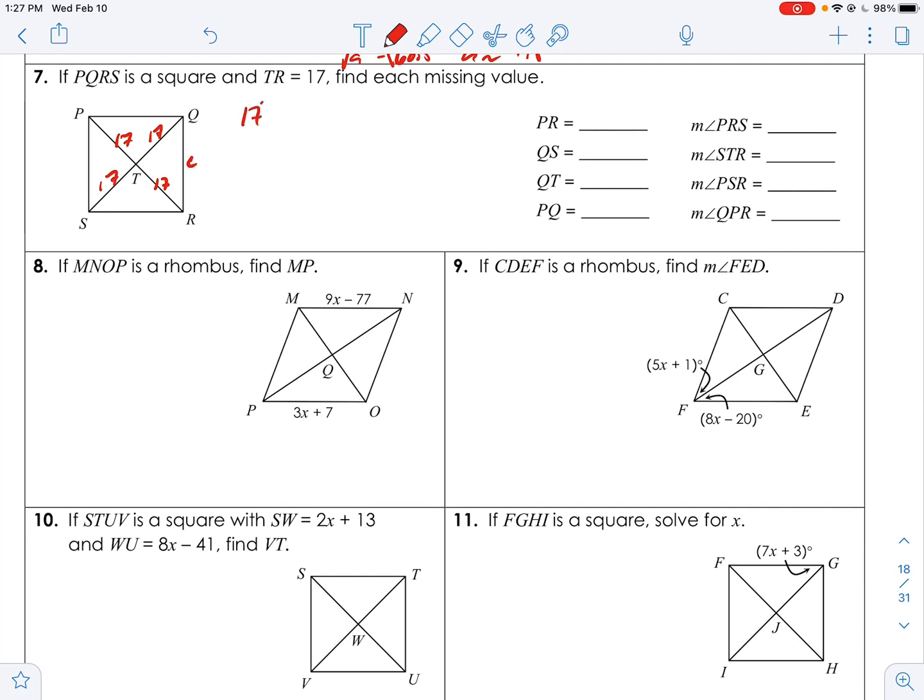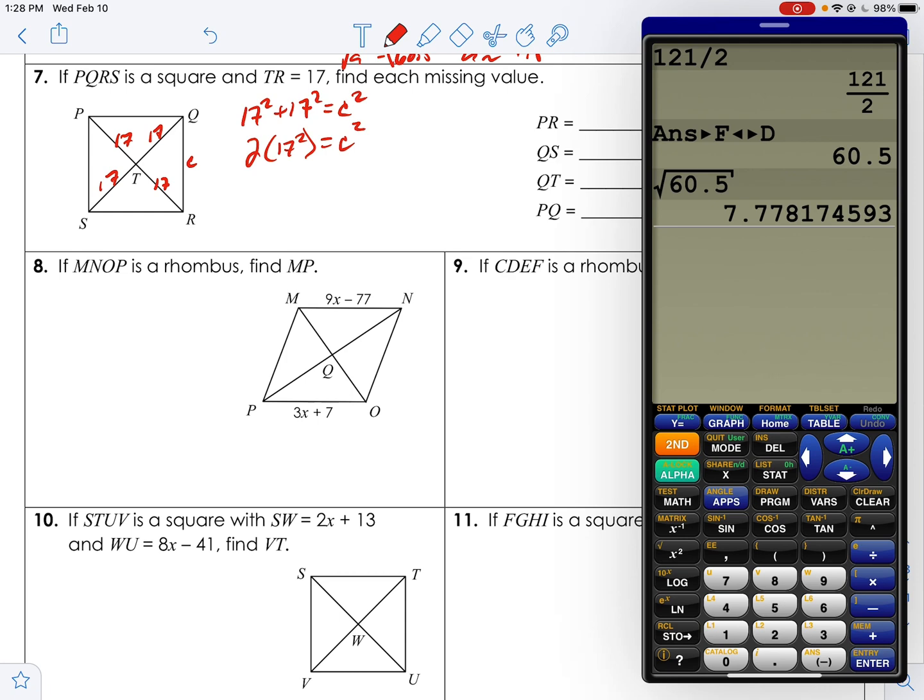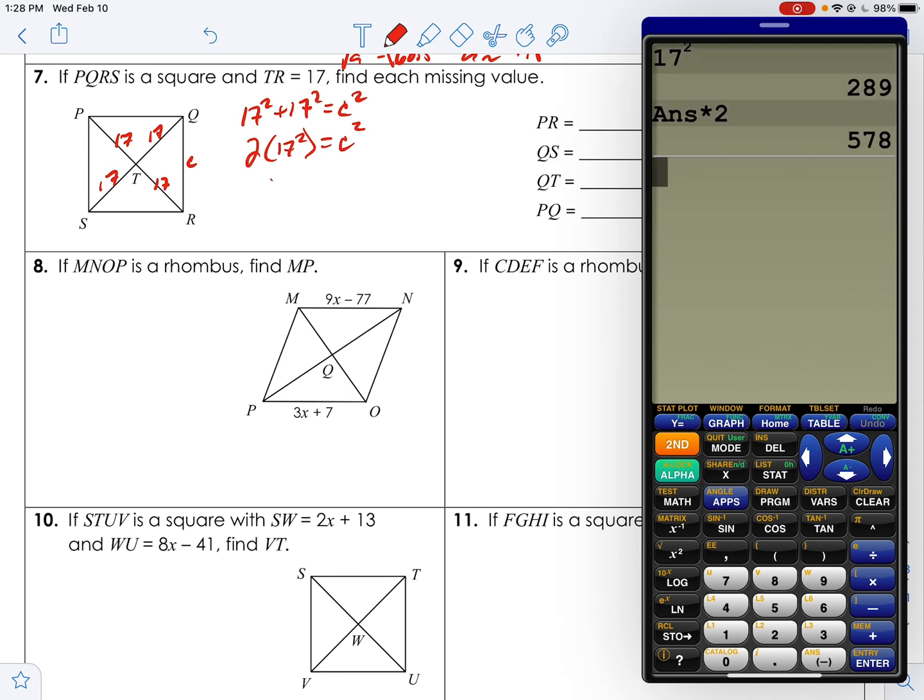Well, we don't know side C, but we've got 17 squared plus 17 squared equals C squared. Or you could say 2 times 17 squared equals C squared. So let's do 17 squared times 2. So 578 equals C squared, square root.